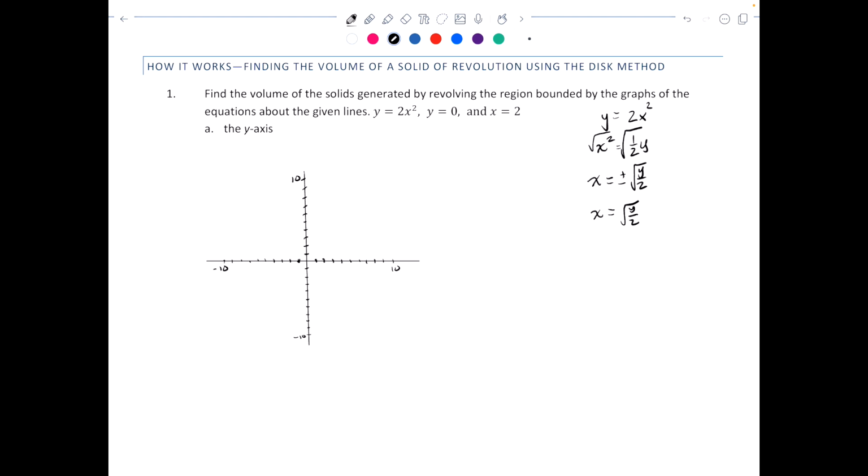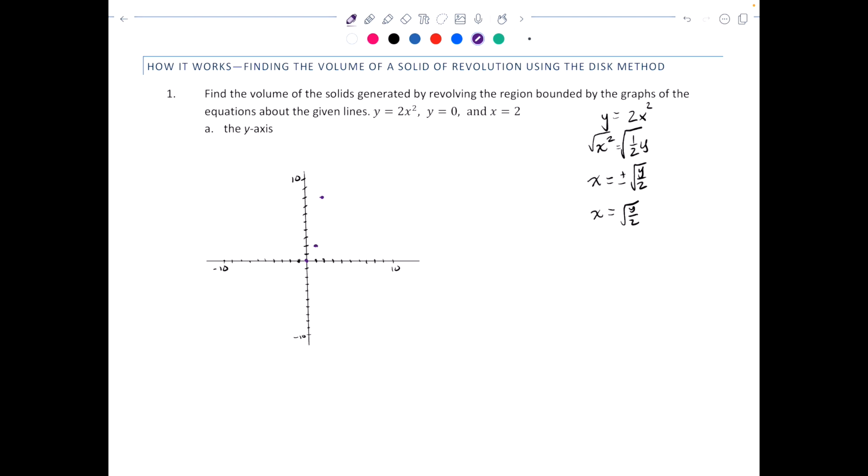Okay. And then making our graph, right? We'll have a point at 0, 0, right? And then when x is 2, y will be 8. So about right here. And then at 1, y is 2.